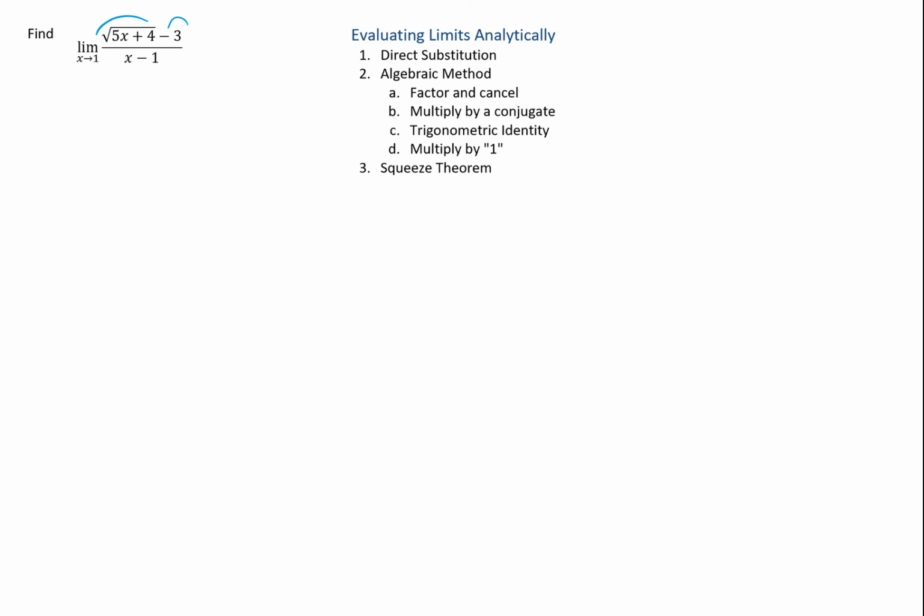You could use a trigonometric identity. That could be switching tangent to its sine over cosine. That could be taking sine squared plus cosine squared and having it equal 1. So of course, if you're dealing with trig functions, that could be it. You could multiply by 1. That's actually kind of what we're doing with our conjugate, as you will see in a second. But multiplying by 1, and what I mean by that, it could be multiplying by like 3x over 3x.